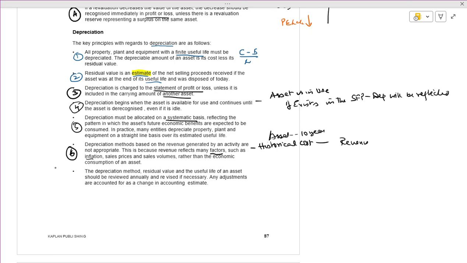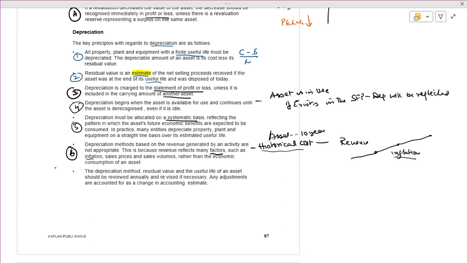The prices will increase, and the sales price will have a component of inflation. So on one side we are taking the historical cost, and on the other side the revenue which includes inflation. Definitely there will be some mismatch.